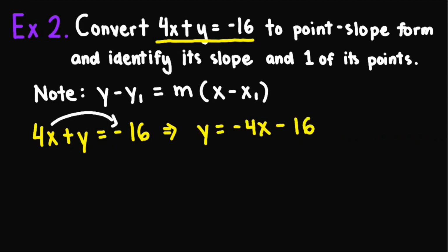Now there are various ways on how we can solve this, but one way is to observe that we can factor out -4 in these. So that will give us y equals -4 times x plus 4.